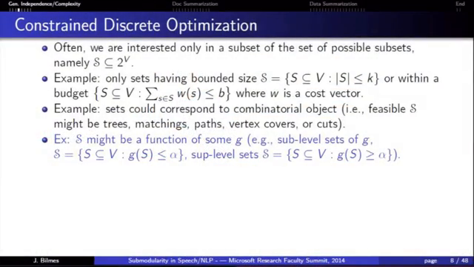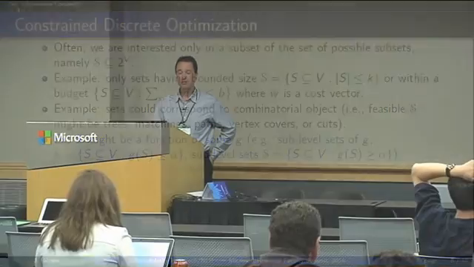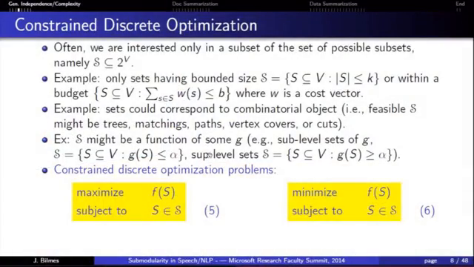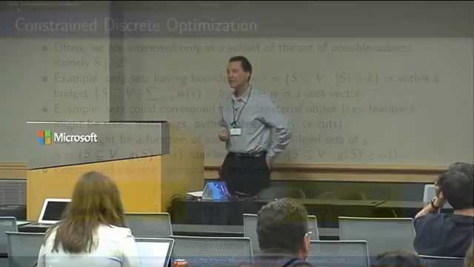Or even more interestingly, perhaps, S might actually be level sets of some other submodular function or some other function. For example, the feasible sets might be those S such that G, where G is some other function, evaluated on S is no greater than alpha. And so we have these different constrained optimization problems. And again, without making any additional assumptions, these optimizations are hopelessly intractable and hopelessly inapproximable.